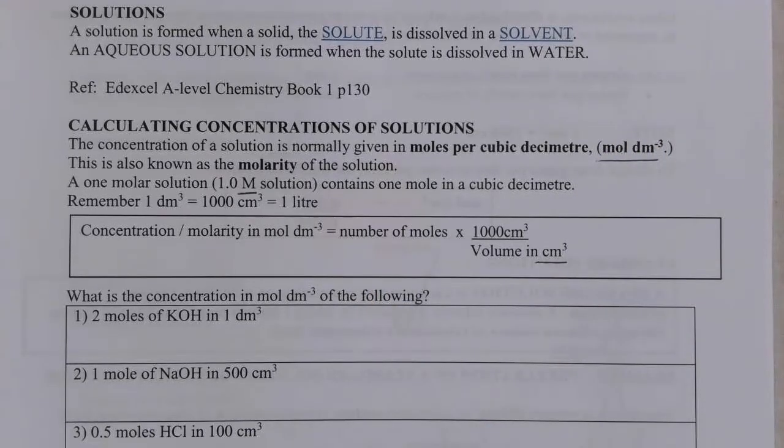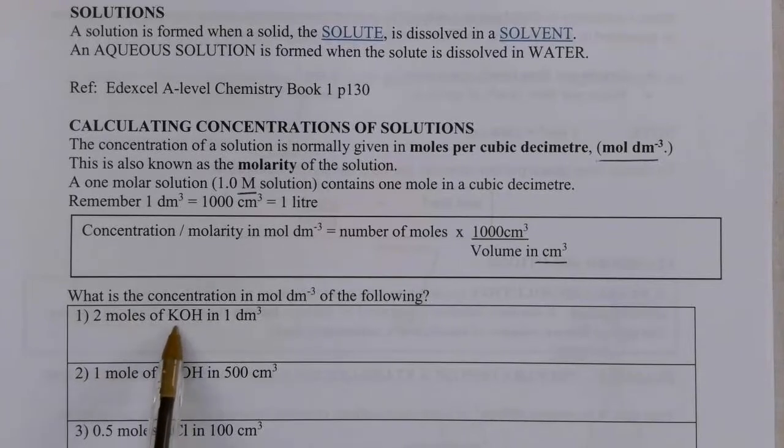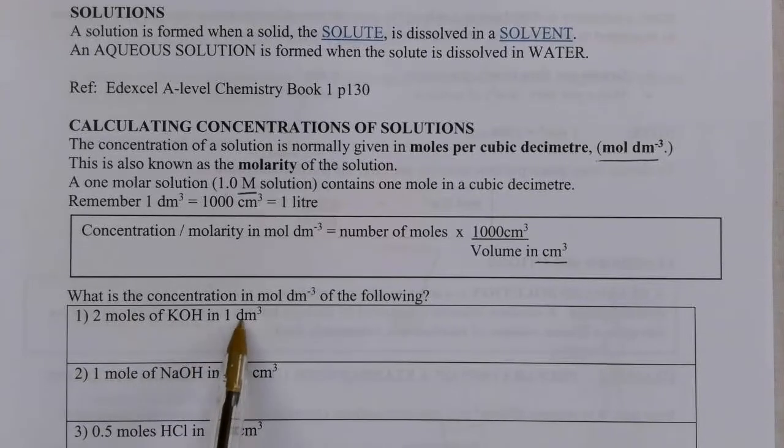So let's have a look at the first example, and I'm going to go through this in detail. Obviously this first one you can just do by sight, but it's important that you understand the steps in the calculations. So I have 2 moles of KOH in 1 decimeter cubed, and I'm working out the concentration.